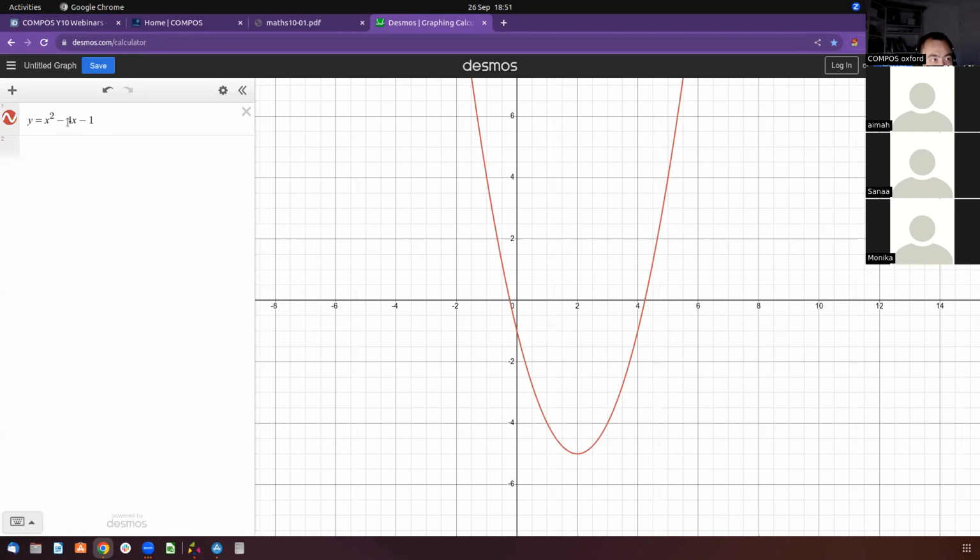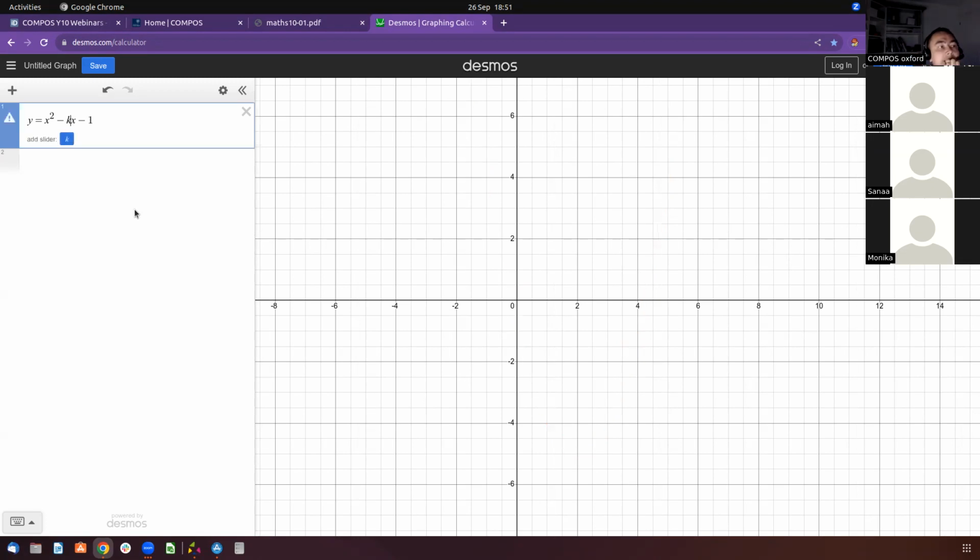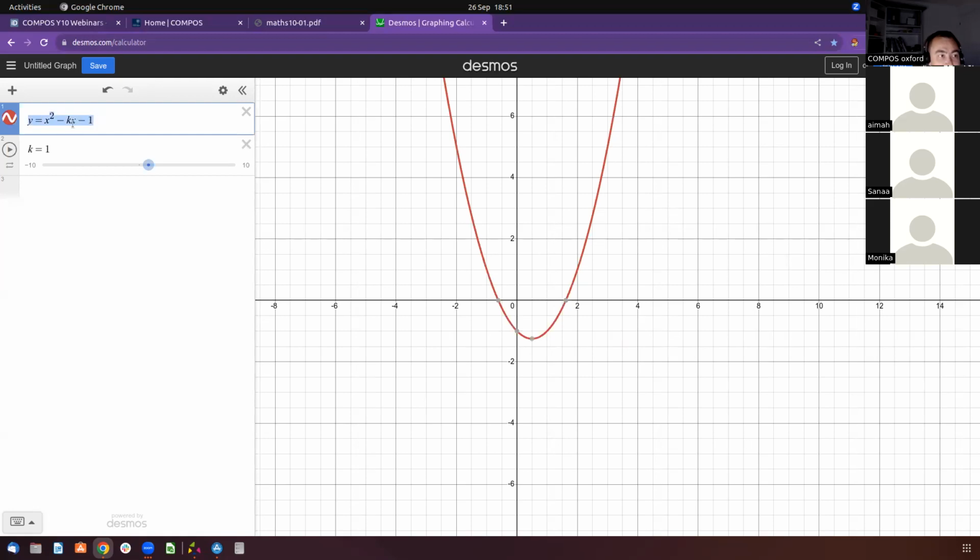Imagine we had, instead of 4, we had minus k. And we can add a slider, k. So basically, this is an equation of a parabola, but it has a parameter in. The parameter can take different values, and depending on that parameter, the parabola is different.